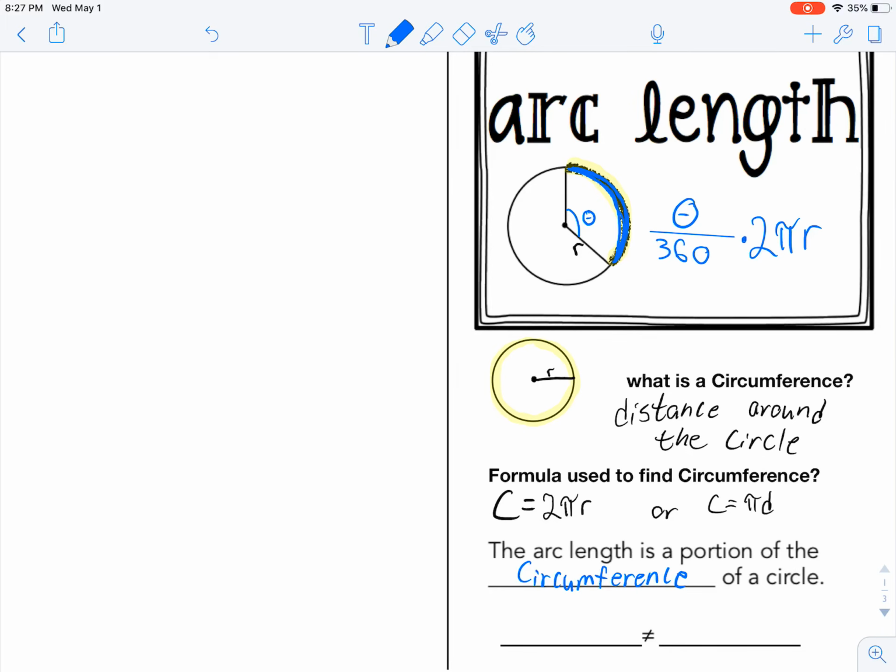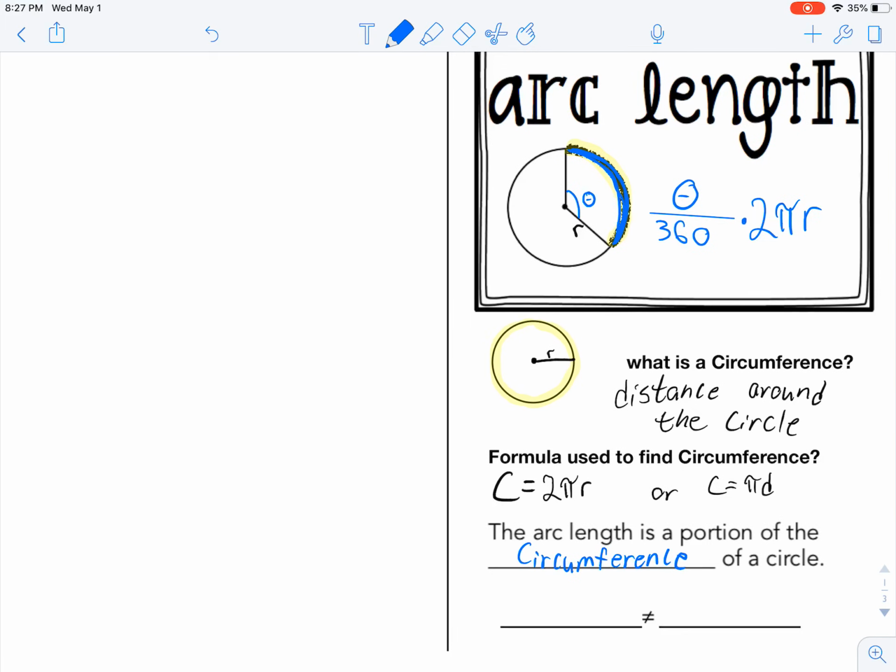One really important thing to remember: arc length, and that little symbol right there means does not equal. It's no good.